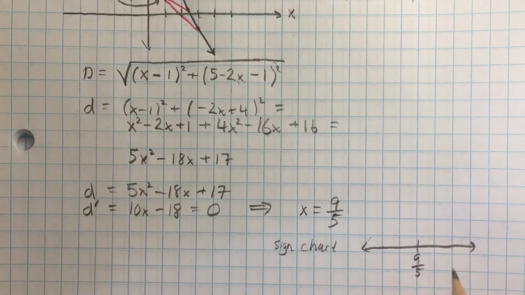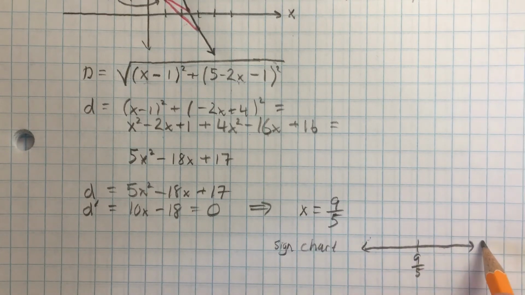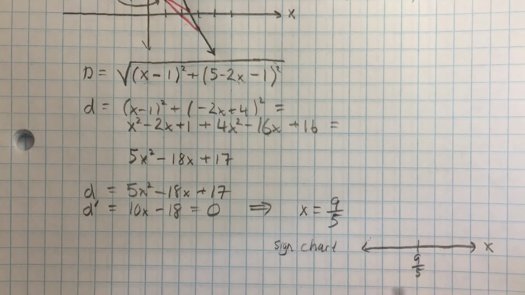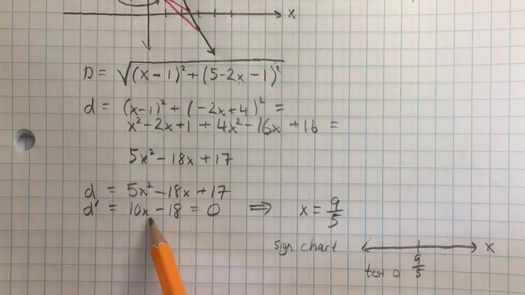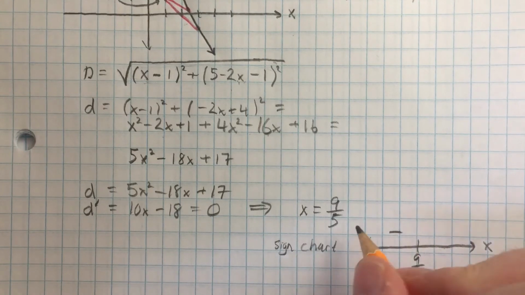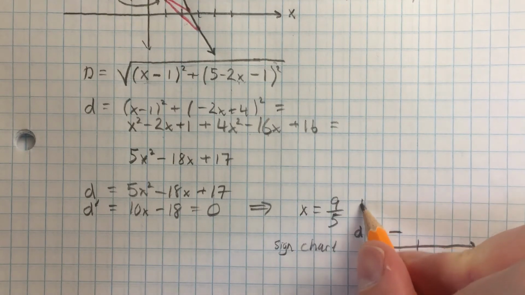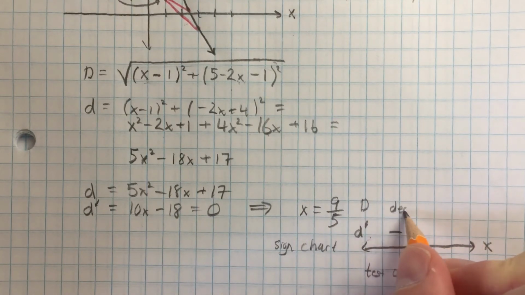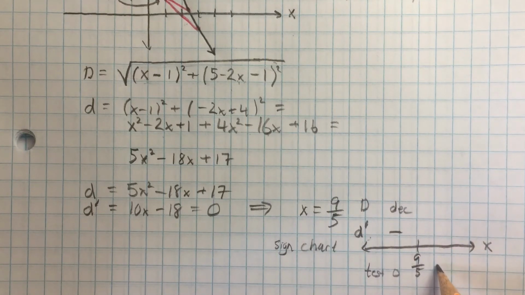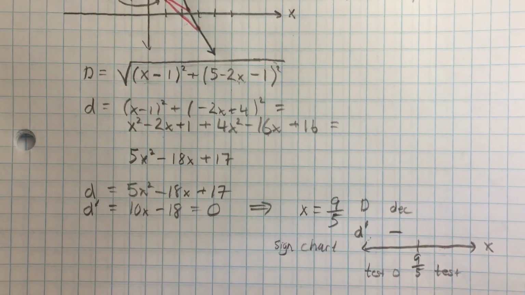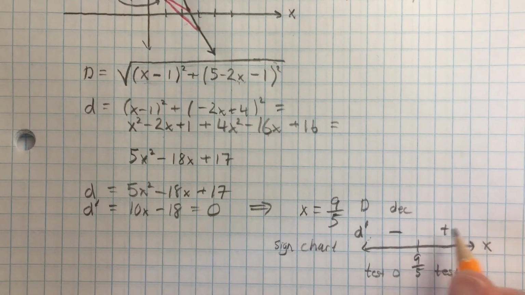So if I take 9/5 and break up the real number line into two distinct subsets, I'll take a test case from before 9/5, say 0. So 0 back in the derivative will give us a negative. So that means the distance function derivative is negative there. Therefore, the original distance function is decreasing there. And then on the right-hand side, you can pick anything larger than 9/5, and you'll see it's going to be positive.